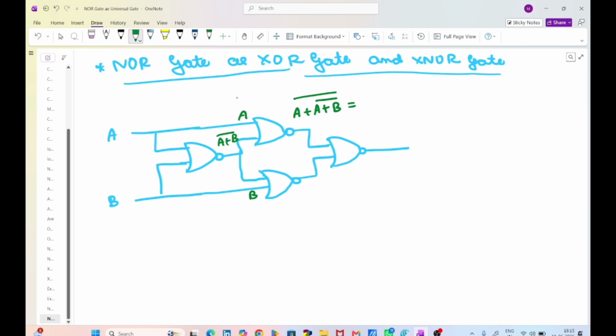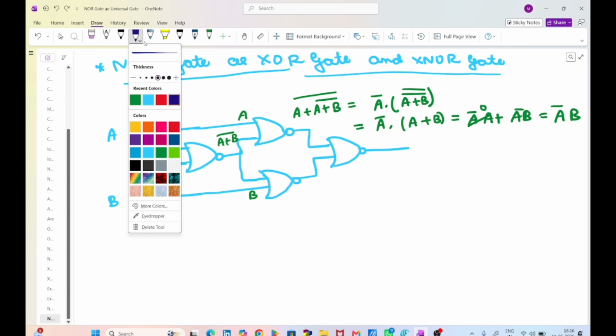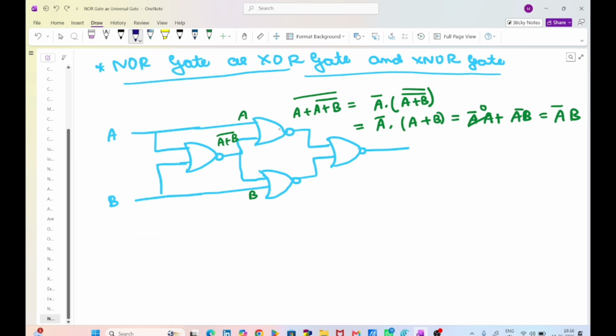Here we can write it as A bar dot A plus B bar whole bar, which is A bar dot A plus B. We know that A plus B bar whole bar is equal to A plus B. Then A bar A plus A bar B. You know that A bar A is 0. Then the output will be A bar B. Let's write A bar B here.